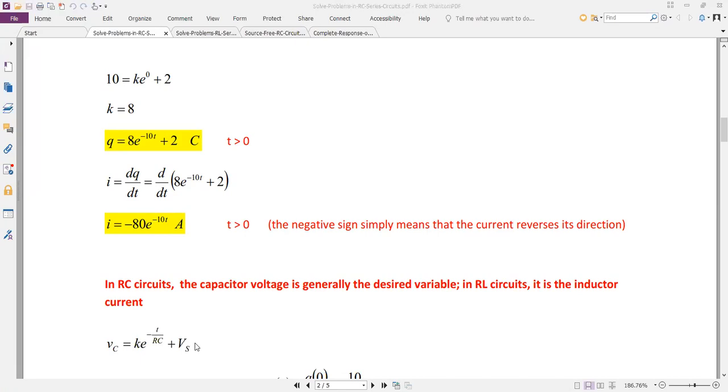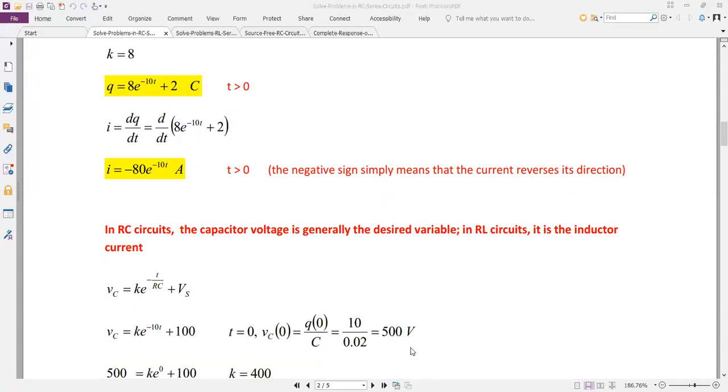So one thing that you should know about the RC circuit is your equation for the voltage in the capacitor, because most of the time it is the desired variable. If you're talking about the RL circuit, it is the inductor current that is often being asked by the problem.